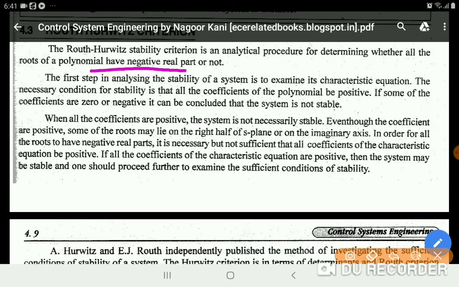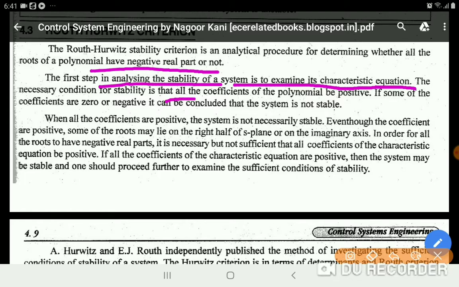In the first step, in analyzing the stability of a system, first examine its characteristic equation. What is the characteristic equation? The denominator of the transfer function gives you the characteristic equation. Then what is the necessary condition for stability?